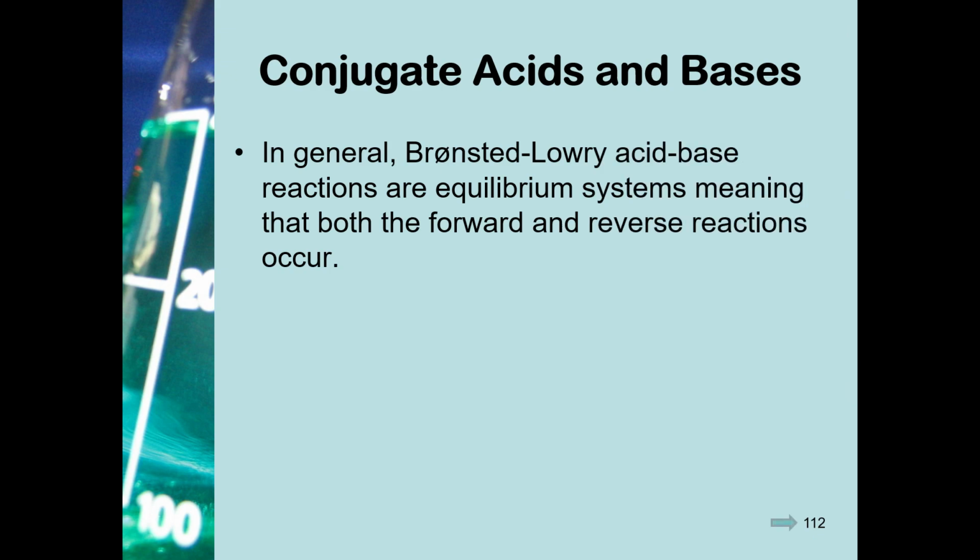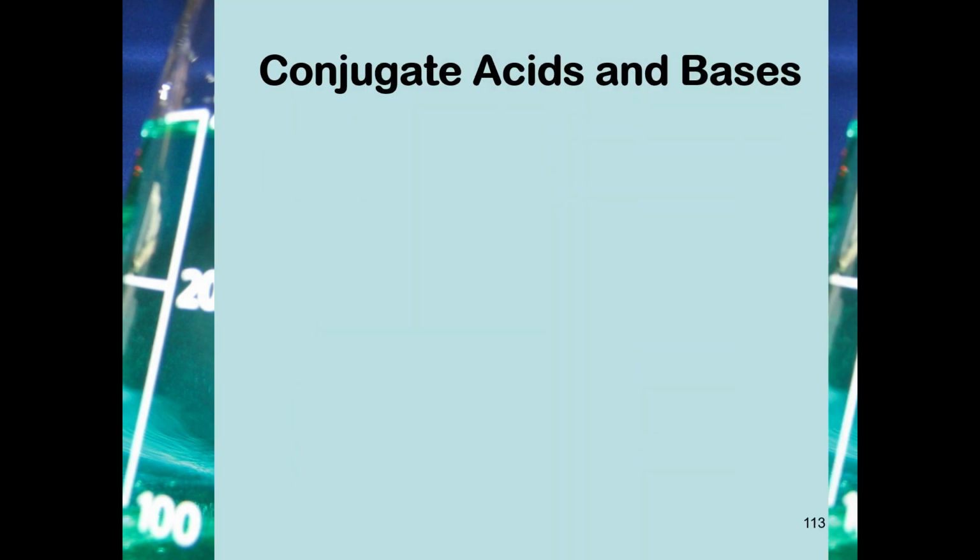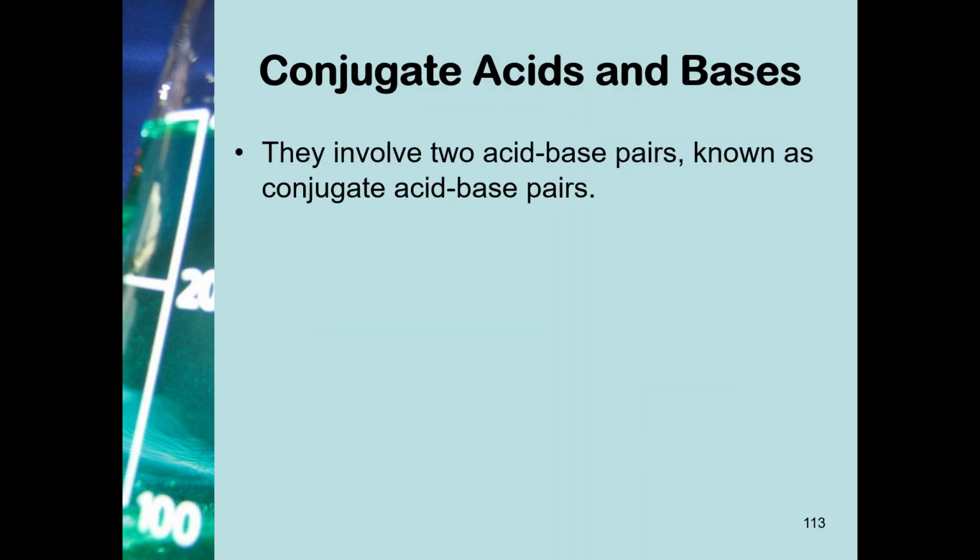In general, Bronsted-Lowry acid-base reactions are equilibrium systems, meaning that both the forward and the reverse reactions occur. And they involve two acid-base pairs known as conjugate acid-base pairs.